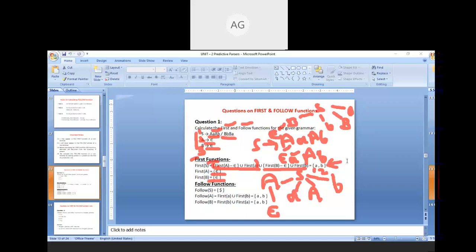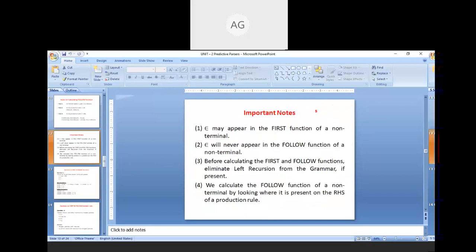Okay. So now we need to calculate the follow function. Just remember the important notes. I am moving to the previous slide. Here you can see in the important notes, there are two things for follow. Epsilon will never appear in the follow function of a non-terminal. Just remember this.